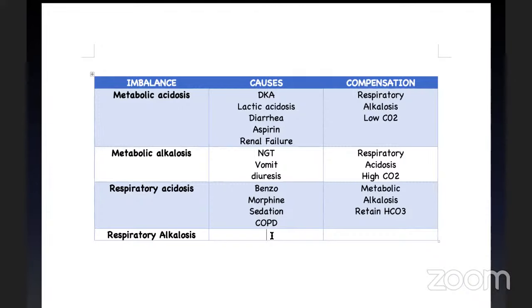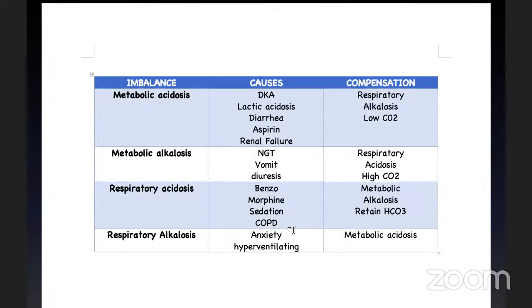If you're undergoing respiratory alkalosis, I explained it to you. You're blowing out your CO2. Somebody who is anxious, hyperventilating, that's what is going to happen. If you have respiratory alkalosis, you should do metabolic what?